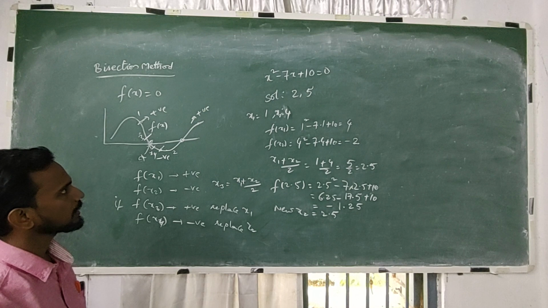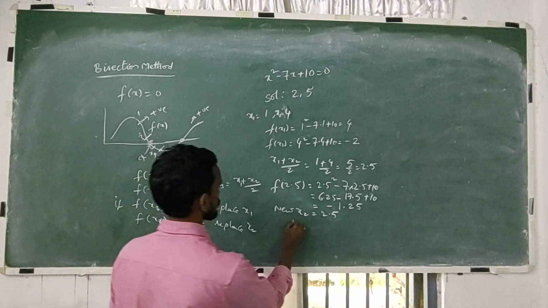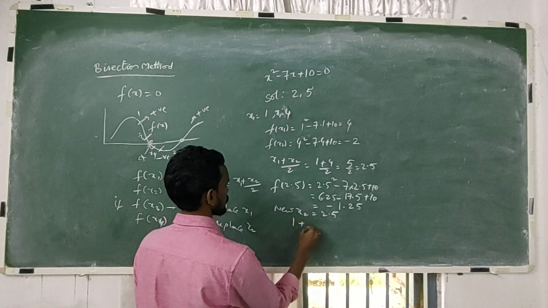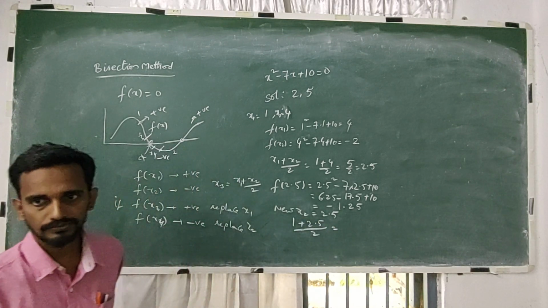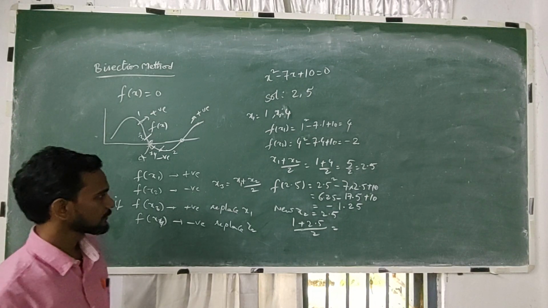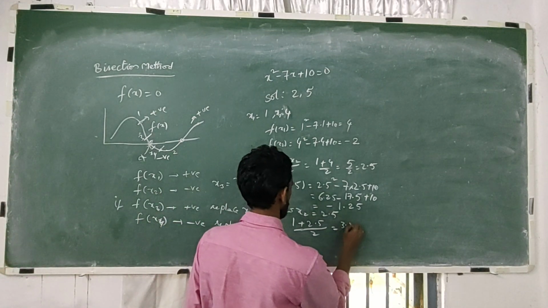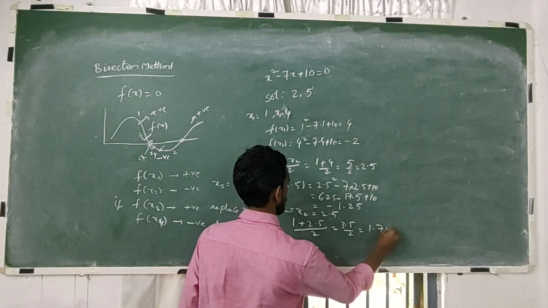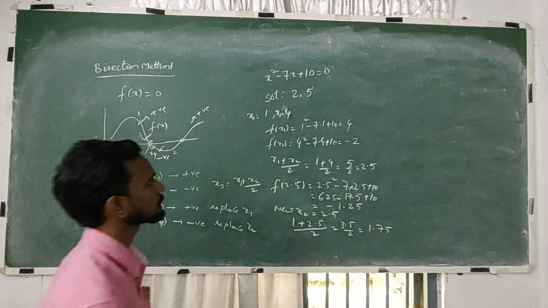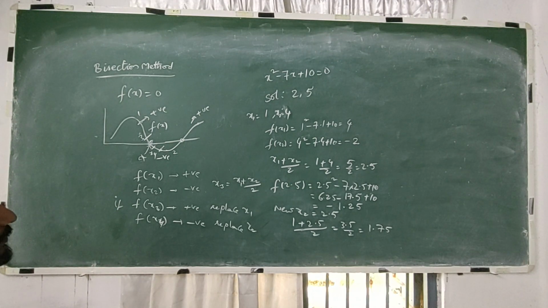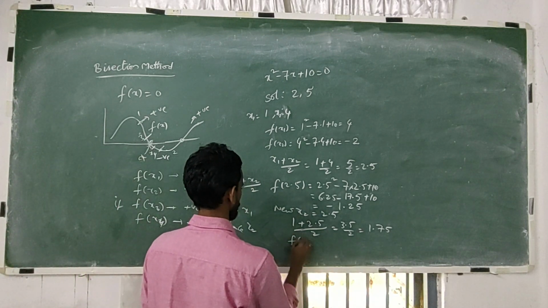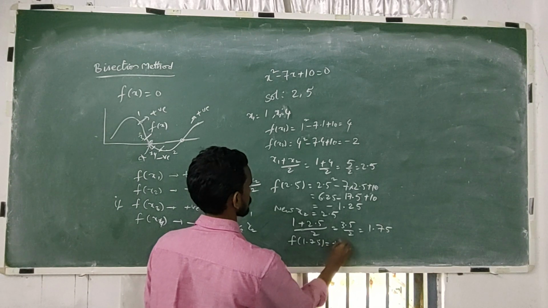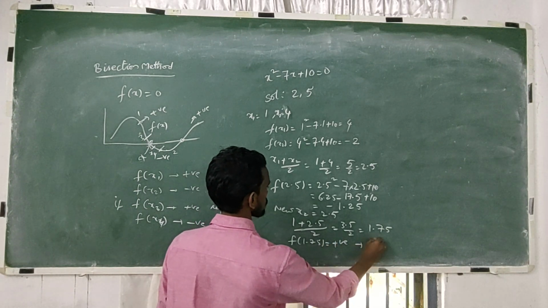Then again we need to calculate the midpoint of those two. So 1 plus 2.5 by 2, 3.5 by 2, 1.75. So f of 1.75 might be a positive number, so you need to replace x1.